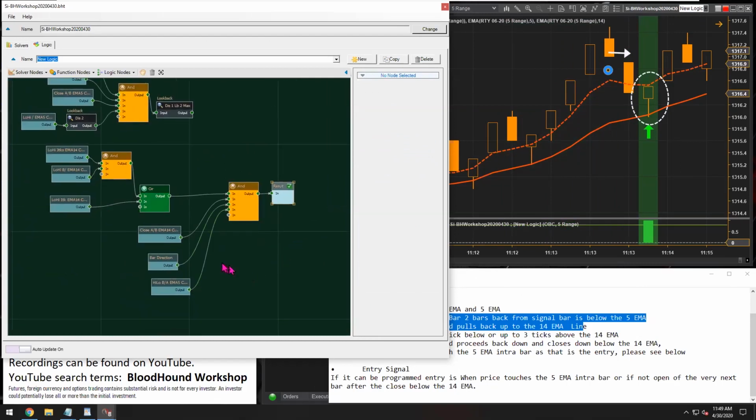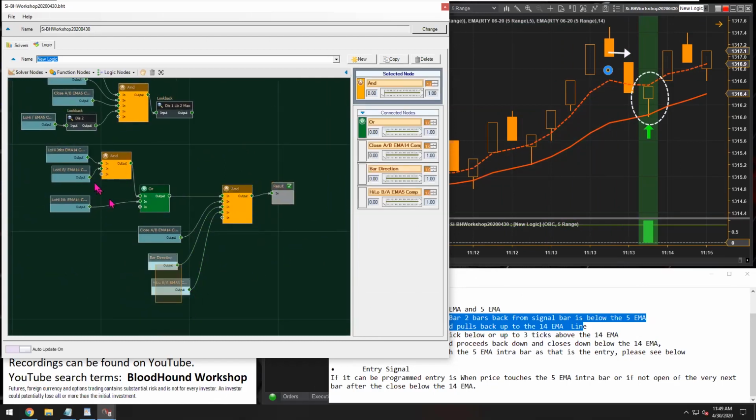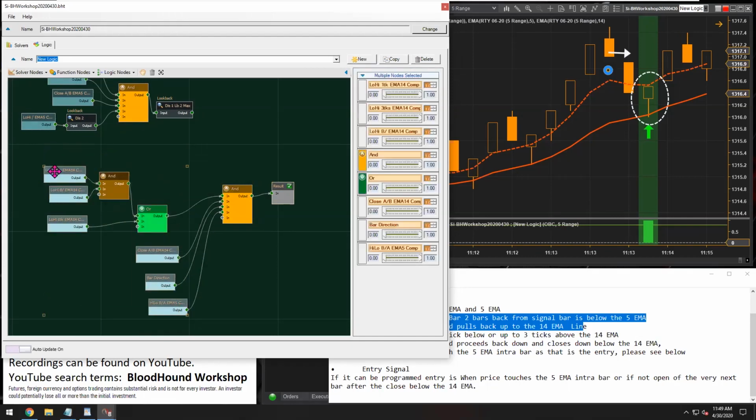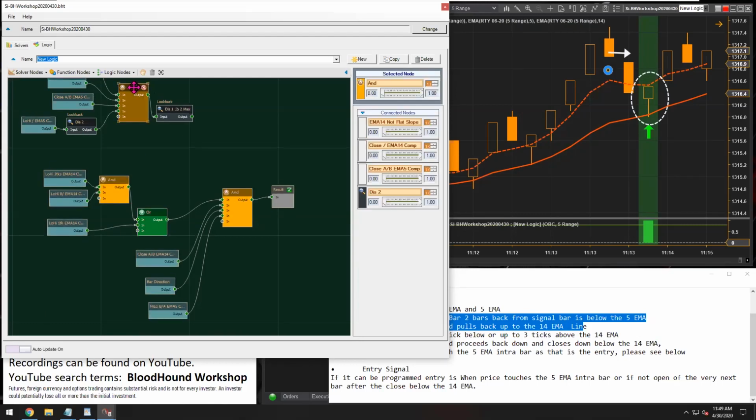Let's zoom out a little bit. Basically all of this was the logic for the signal bar. And so now we need to take the prerequisite. Let's name this.